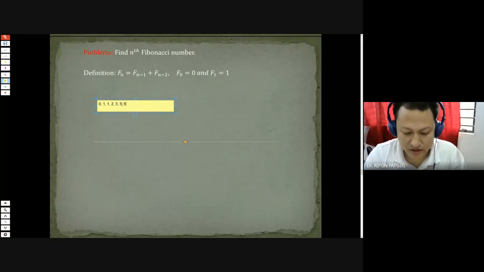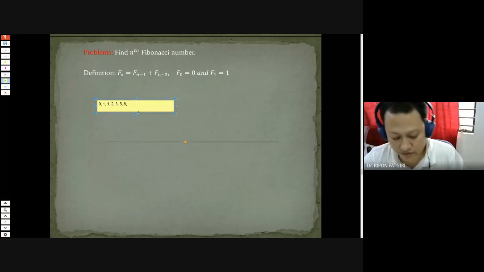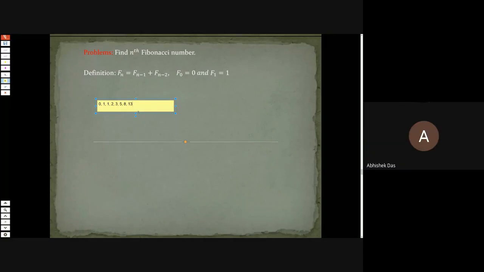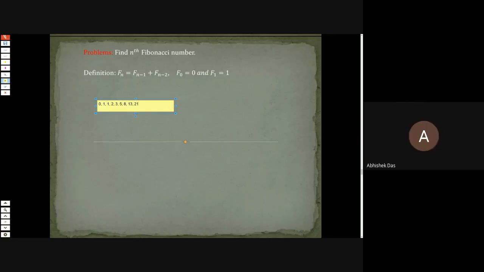Now 5 plus 8 will be the next Fibonacci number. What is 5 plus 8? It is 13. Then 13 plus 8 is the next Fibonacci number, 21.